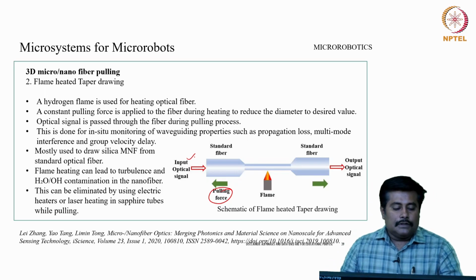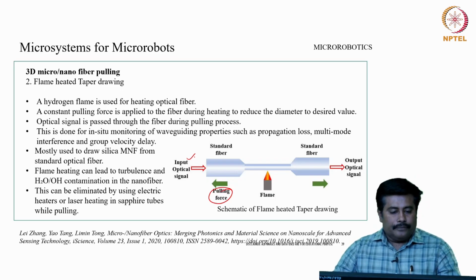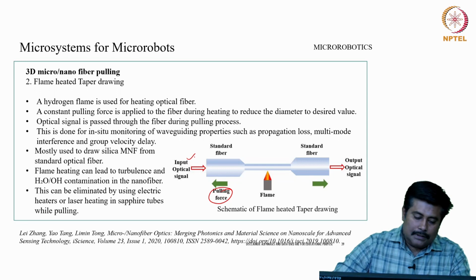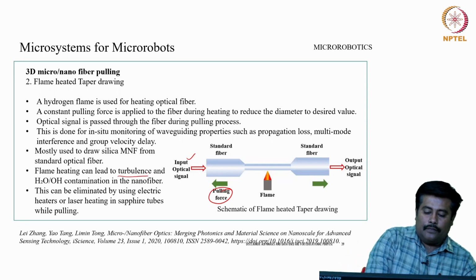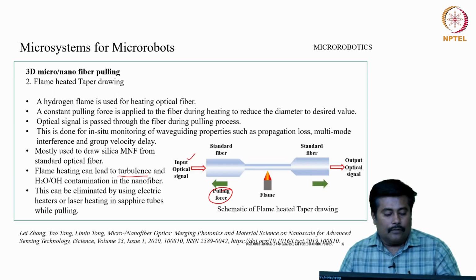These kinds of systems are mostly used to draw silica with this pulling process for a standard optical fiber. One of the key aspects is that, since heat is involved, the flame heat can lead to turbulence and can also result in contamination of the nanofiber.